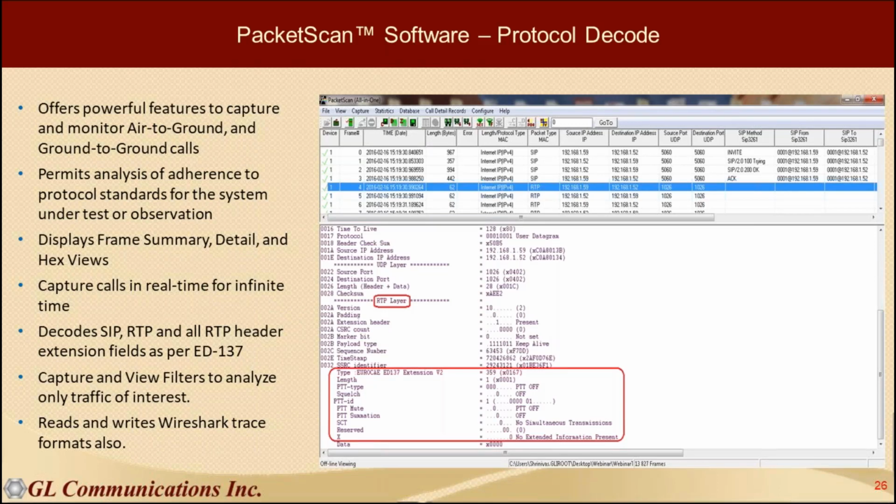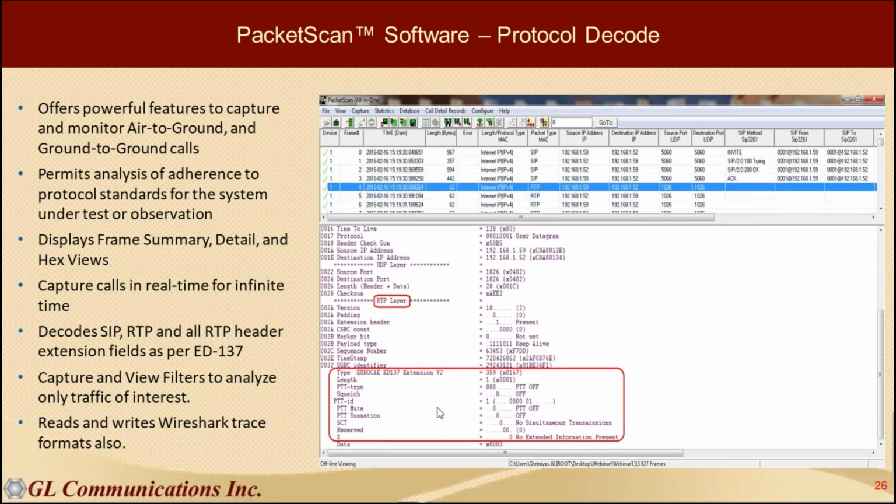Moving to the next slide, it can capture and monitor air to ground and ground to ground calls in the network. It provides a summary and message decodes of the captured calls. It can decode SIP, RTP, and all RTP header extensions as per ED137 specifications.